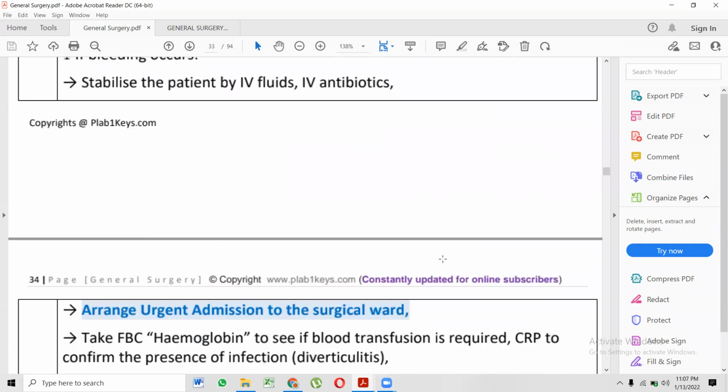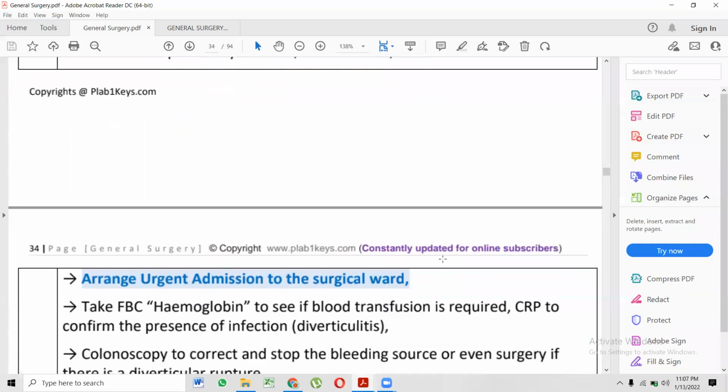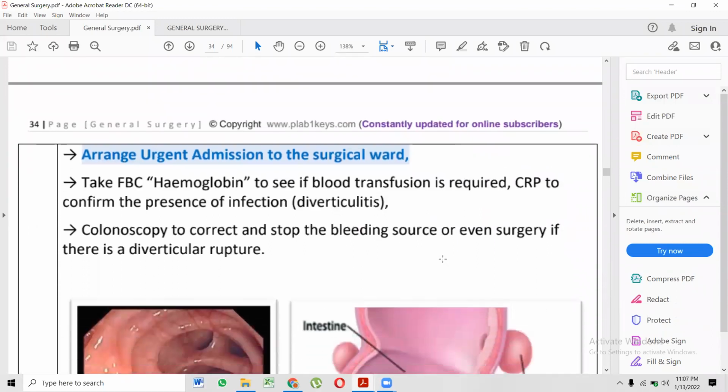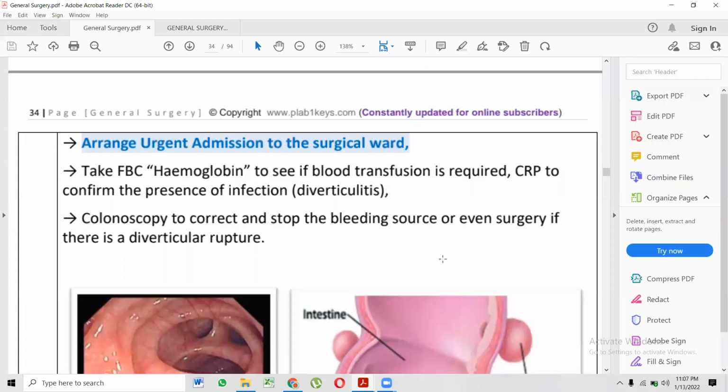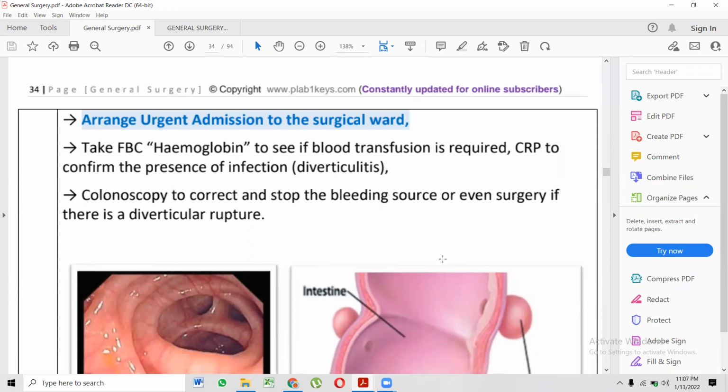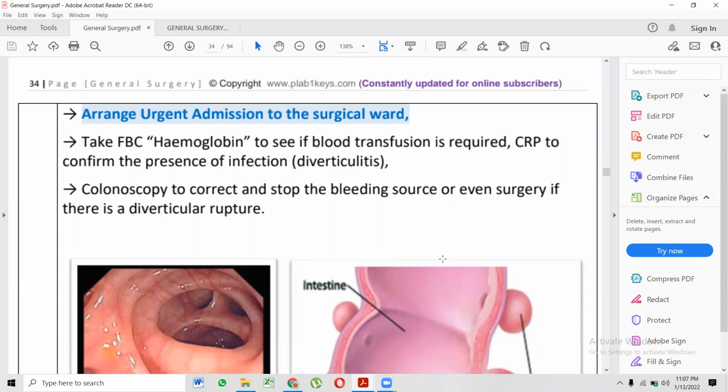The patient will be treated with IV fluids and IV antibiotics as there is infection, by admitting him into the surgical ward. In the surgical ward, we will take a full blood count to see the hemoglobin of the patient and to see if there is a need for a blood transfusion.